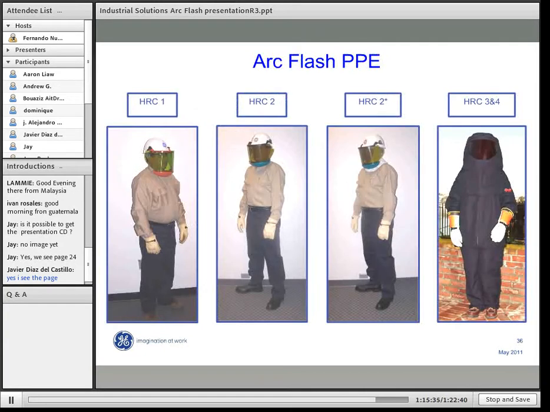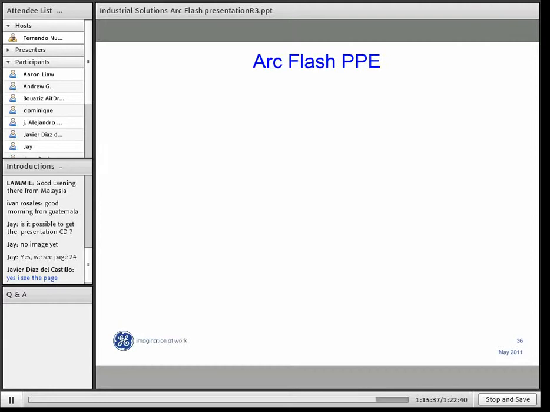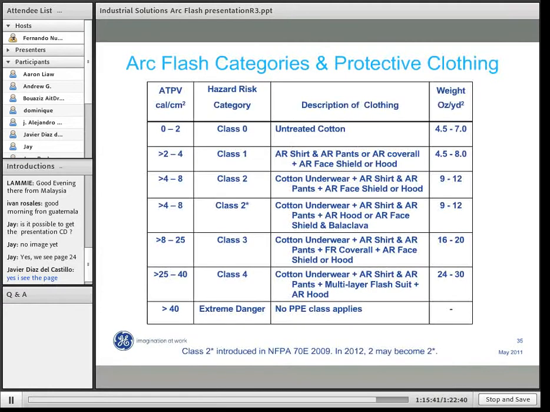Say for category 1, you're talking arc resistant shirt, pants, or coverall with a face shield or a hood. Category 2, you also have to wear cotton underwear and shirt and pants and face shield or hood.